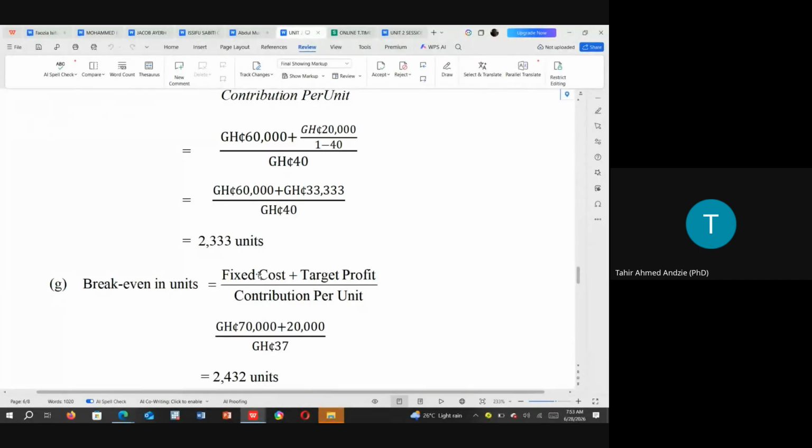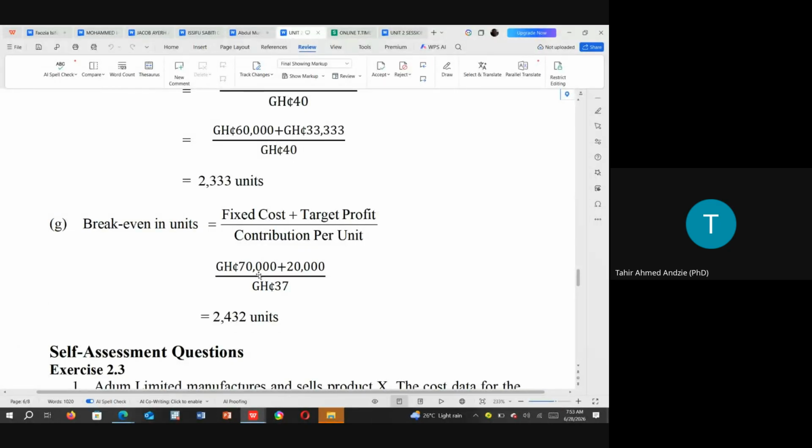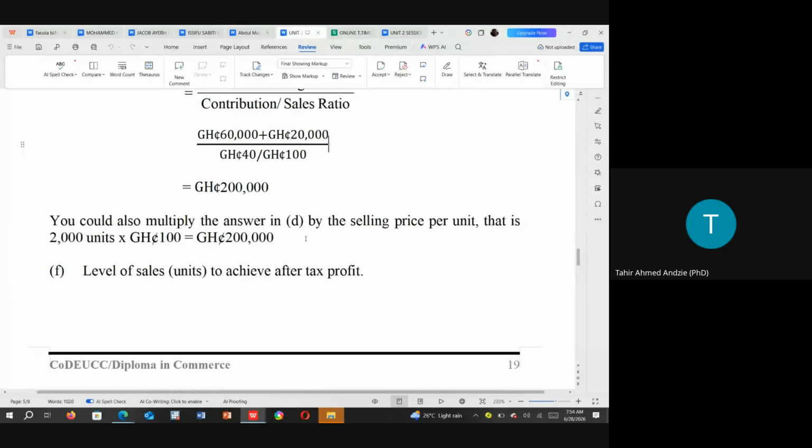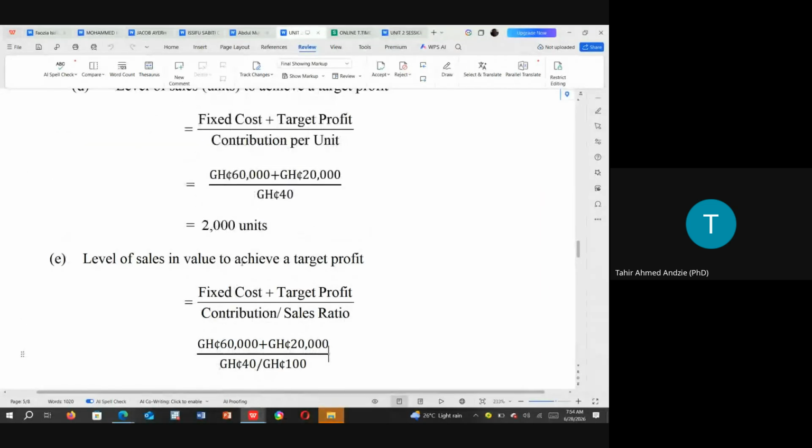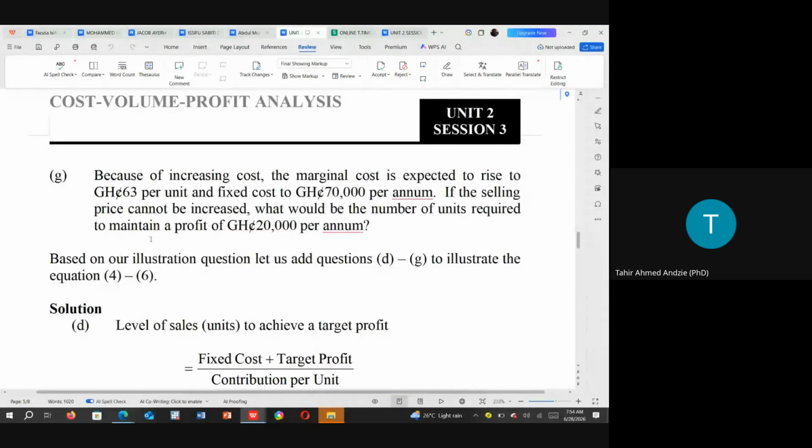Now let's look at break-even point in units. That is fixed cost plus target profit over contribution per unit, right? So we are looking at G. G is trying to find out what will happen if the marginal cost is expected to rise to 63.